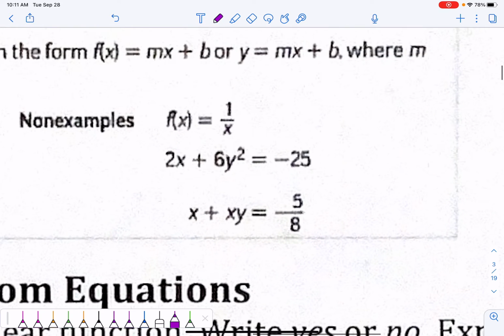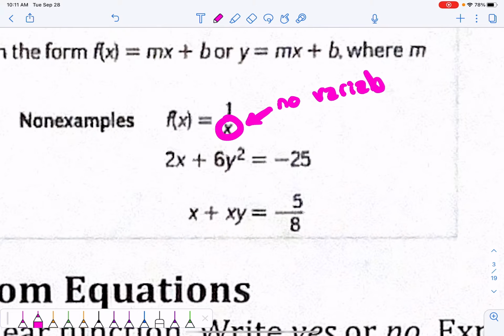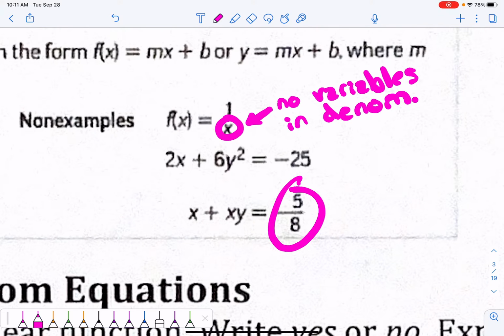Okay. Here are non-examples. We'll talk about the reason why things are going bad here. We don't want x in the denominator. No variables in the denominator. You can have fractions like -5/8, right? That's okay, but as long as you don't have a variable in the denominator, okay?